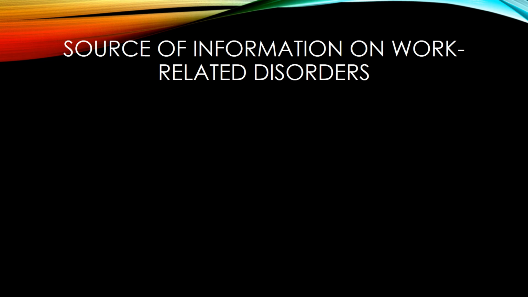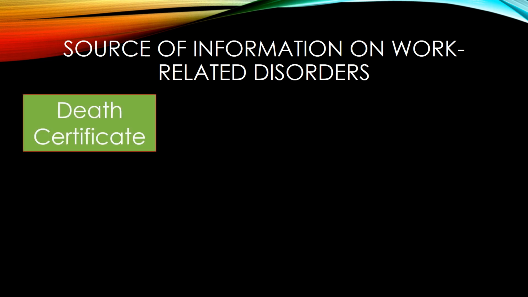So what are the sources of OSH-related information or environmental health-related information? You can actually get information from the death certificates because they sometimes list the cause of death as being falling from a high workplace.